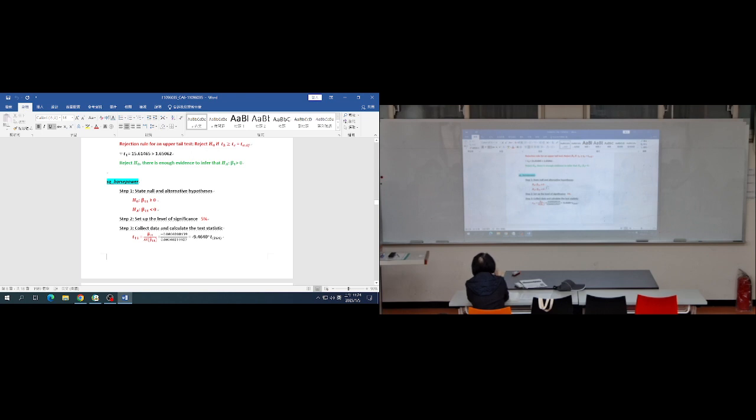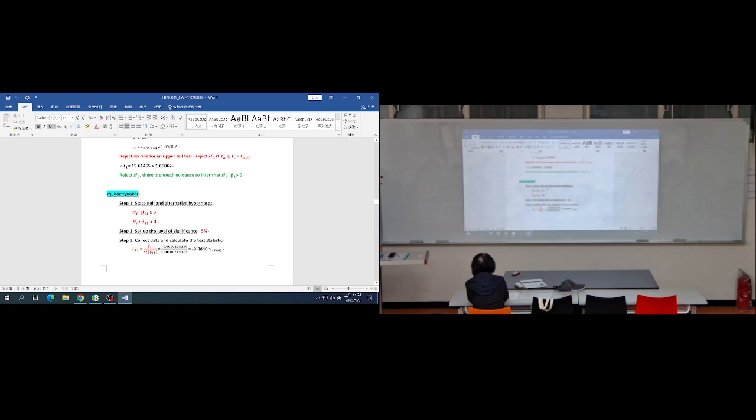Then why do you expect negative? I think it's a mistake. It should not be negative. In the negative 0, negative is wrong?